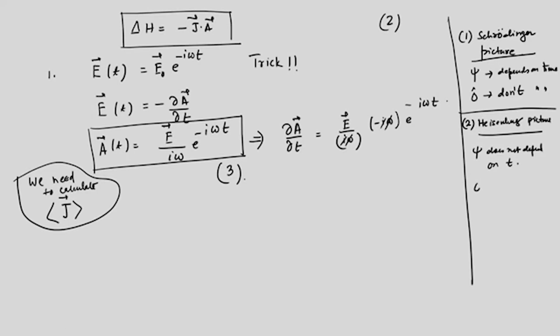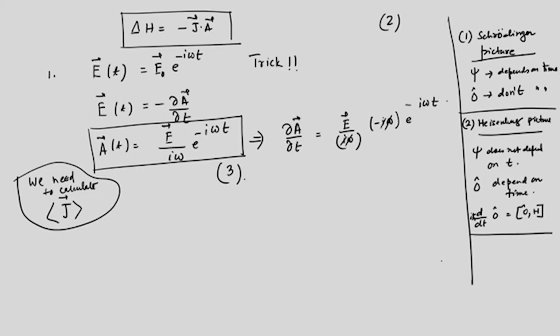However, the operators depend upon time, just the reverse scenario. And if you remember, we have actually calculated the equation of motion by taking a d dt of O equal to [O, H], where O is any operator and H is a Hamiltonian. There is i h-cross I have to write here, and so this is the Heisenberg equation of motion.